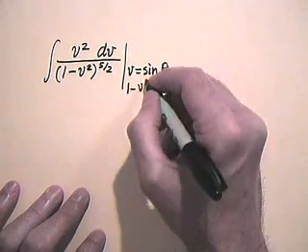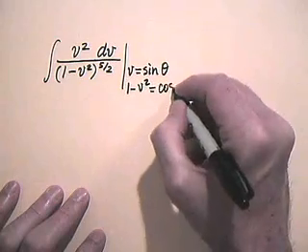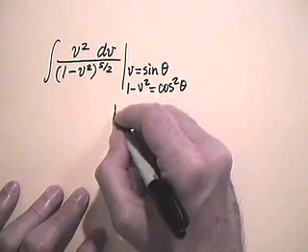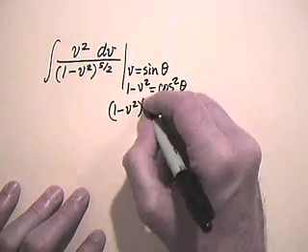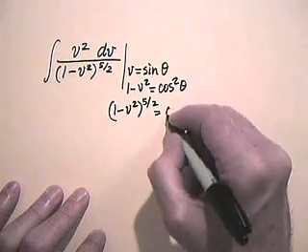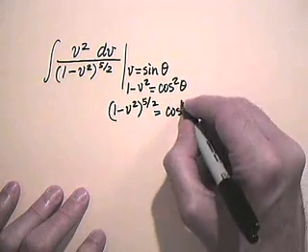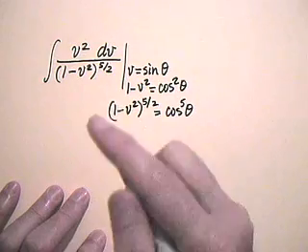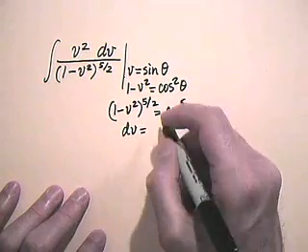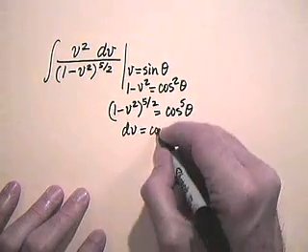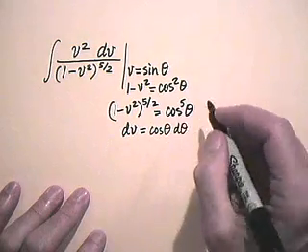Then 1 minus v squared is cosine squared theta, and so 1 minus v squared to the 5/2 is cosine to the 5th theta. On the other hand, dv is cosine theta d theta.